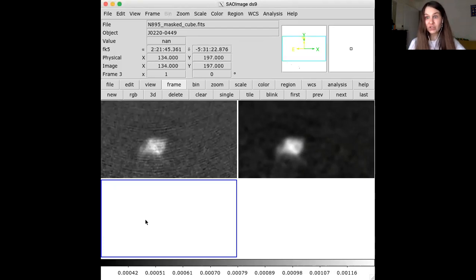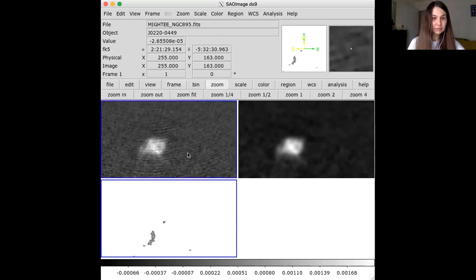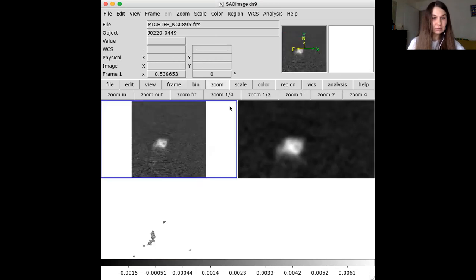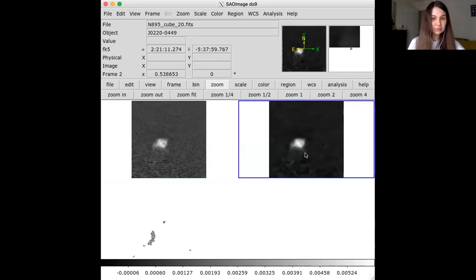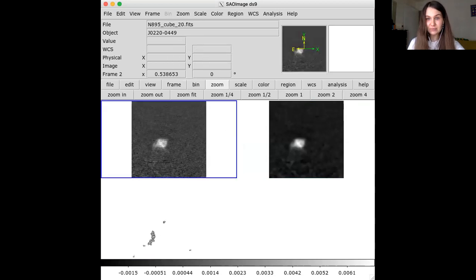And you see, the first channel has nothing in it because there was no signal above 3 sigma. We go to the next channel and it's also still nothing in it. And we go to this channel and we already see that the tail is being preserved, the tail of HI.